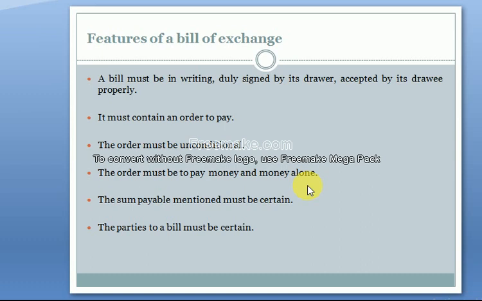Now I want to flash some light on the difference between bill of exchange and promissory note. Look, if we have a promissory note, why is there a need for the bill of exchange, or if we have the bill of exchange, why do we issue a promissory note?